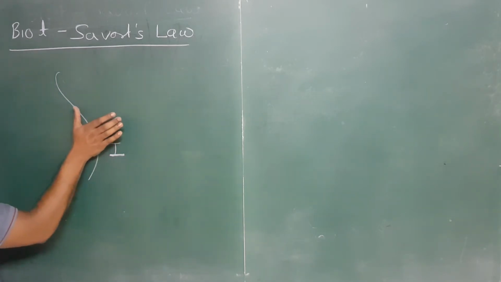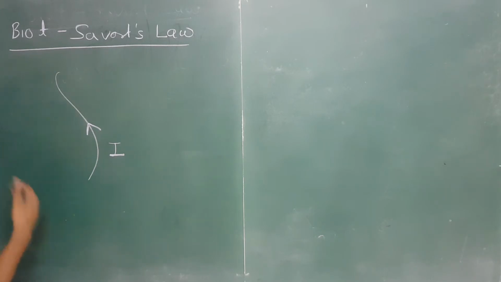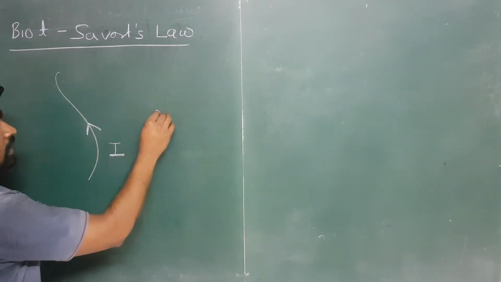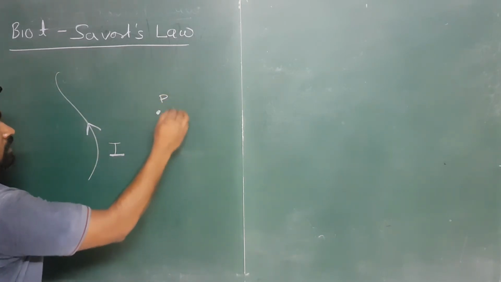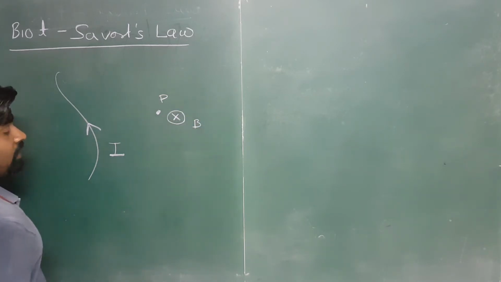So the magnetic field goes inside the board from this point and comes out from this point. Let's suppose at any point P, the magnetic field is going inside. This is called B, vector B, right?